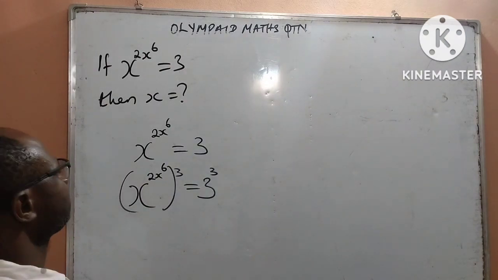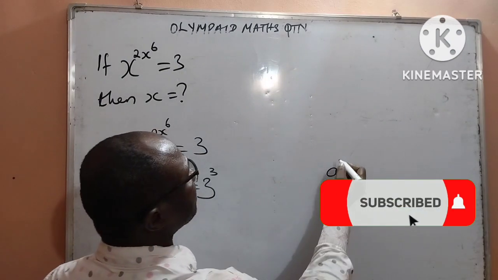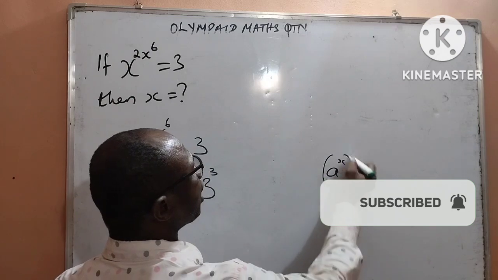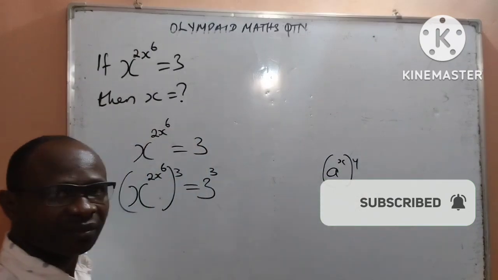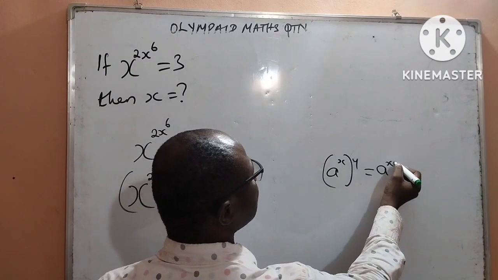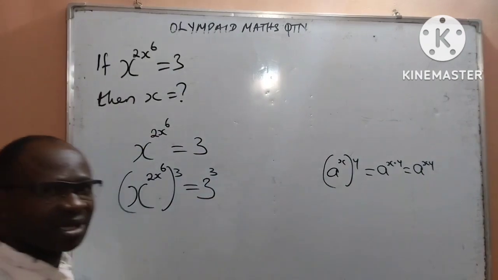What does this mean? By law of indices, if I have a to the power of x, or to the power of y, the meaning is that I should simply multiply the powers, which is x multiply y, to give me xy.